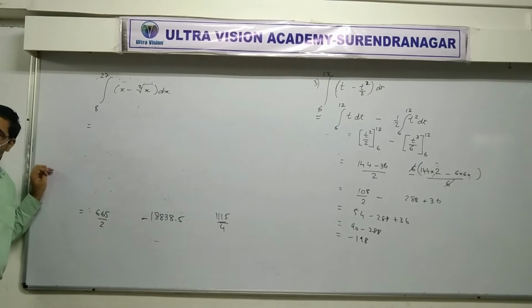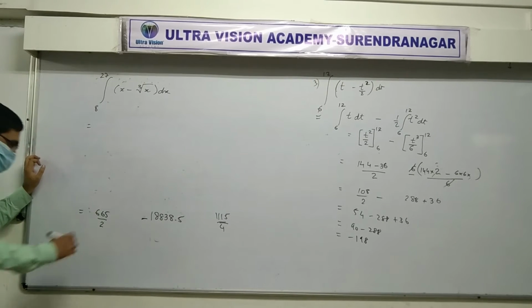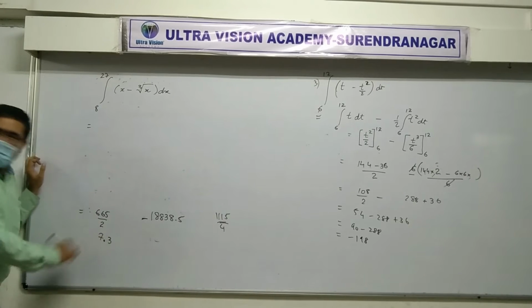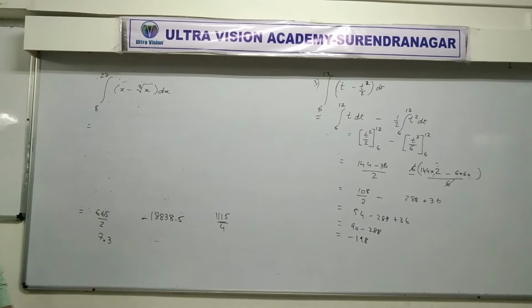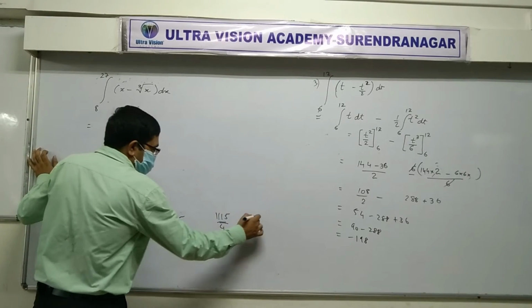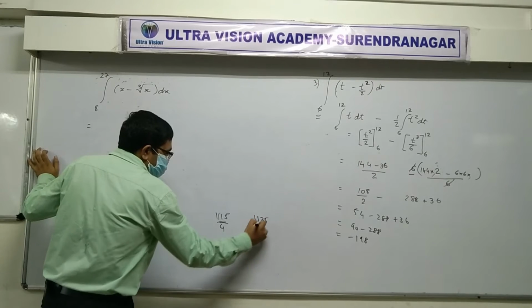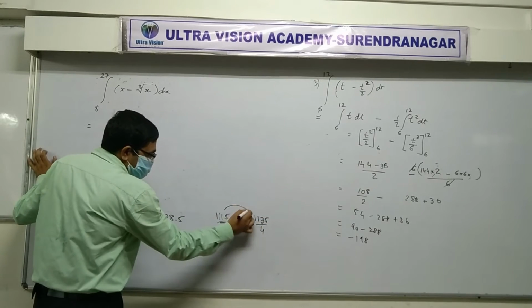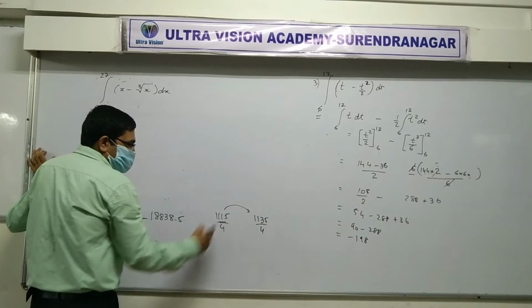Sidra. 7.3. What's the level? 7.3. It was 1135 upon 4. It looks like a mutant of that answer.